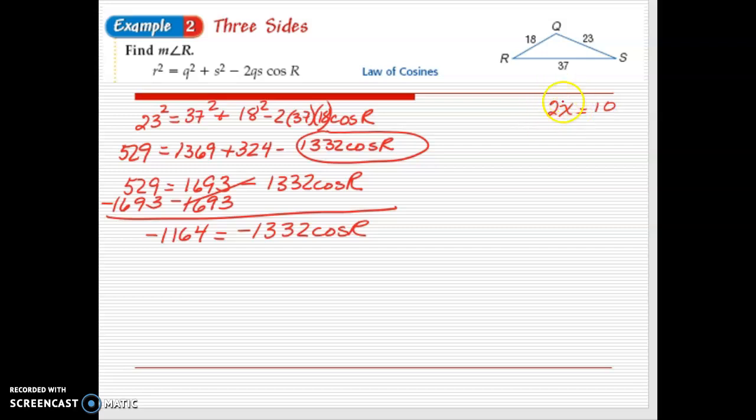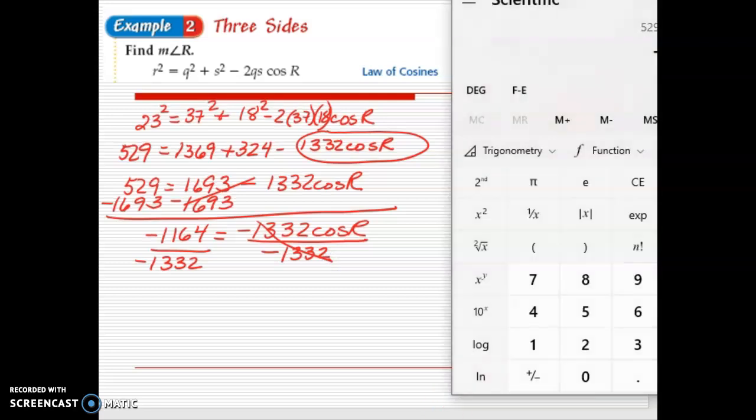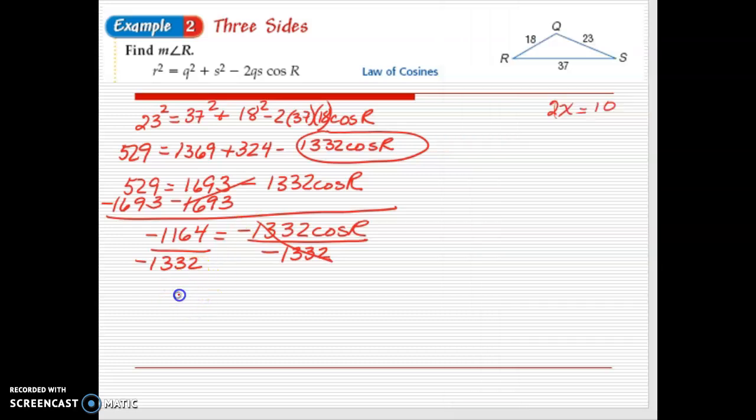You would divide off what's with the unknown, divide the 2 off. That's what you're going to do here. You're going to divide that negative 1332 off both sides, and that's going to leave you negative 1164 divided by negative 1332, and remember it's negative, gives me 0.8739 roughly. And that's what my cosine r is.